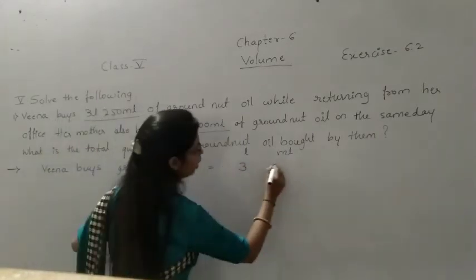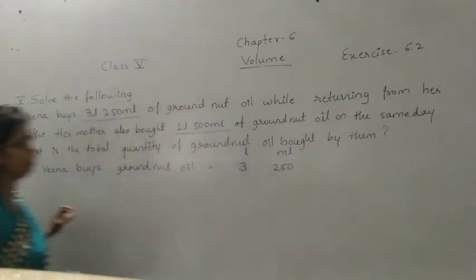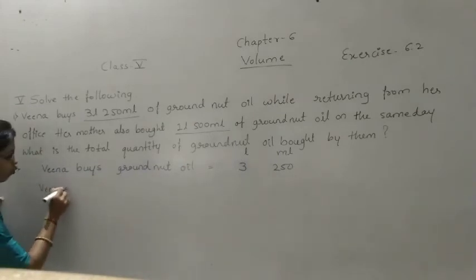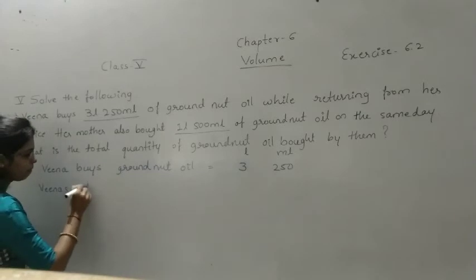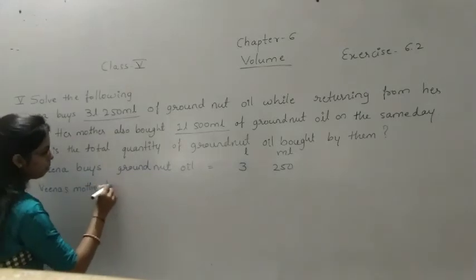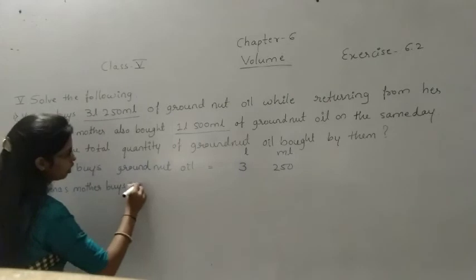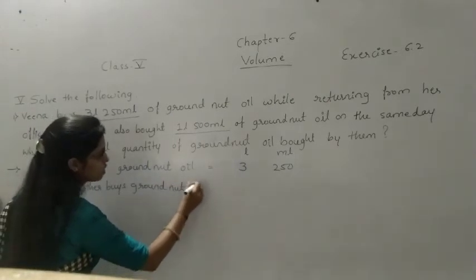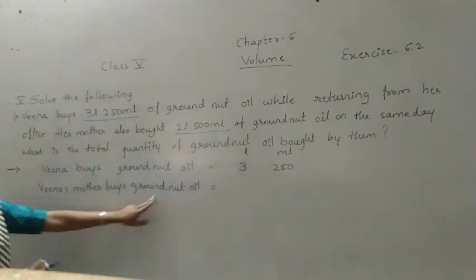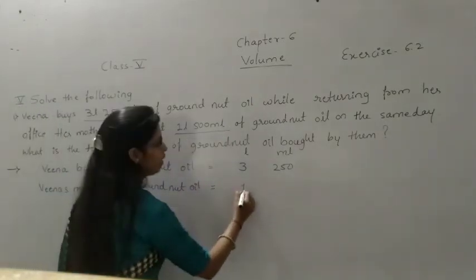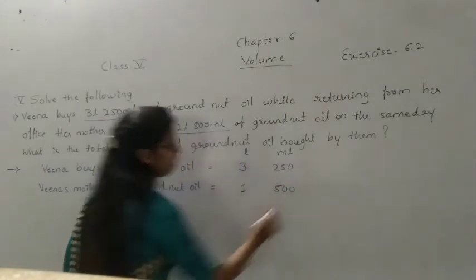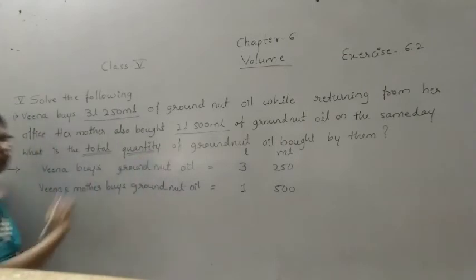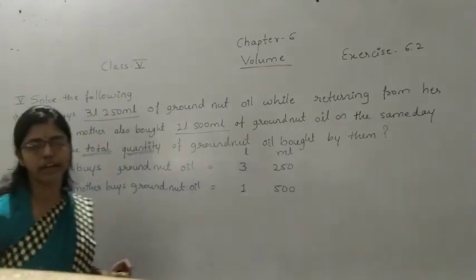And Veena's mother buys groundnut oil, that is 1 liter 500 milliliter. Here they ask total quantity. So it means we should add the given quantities. This is addition.